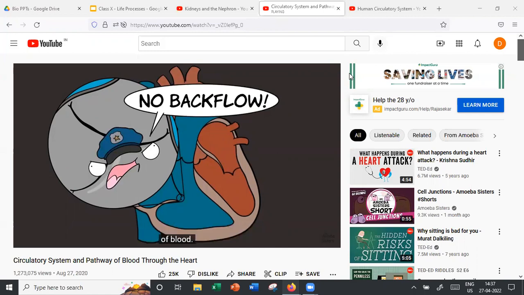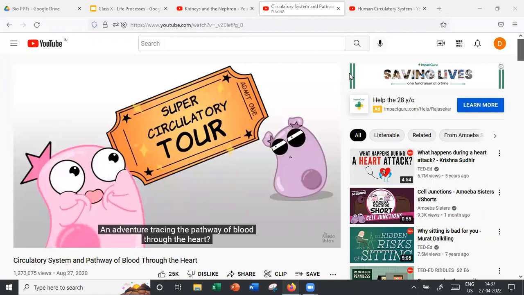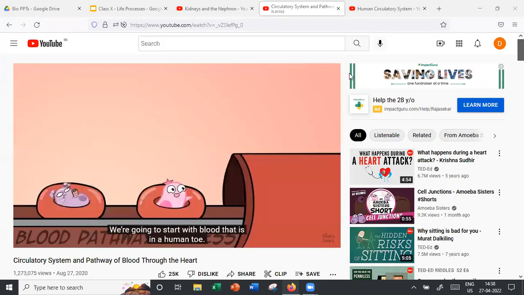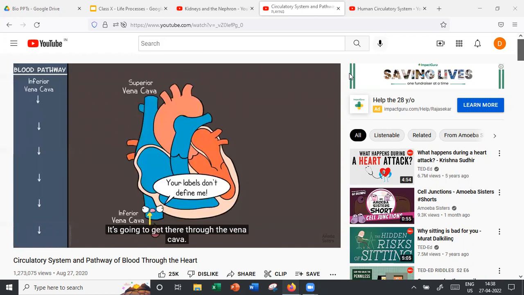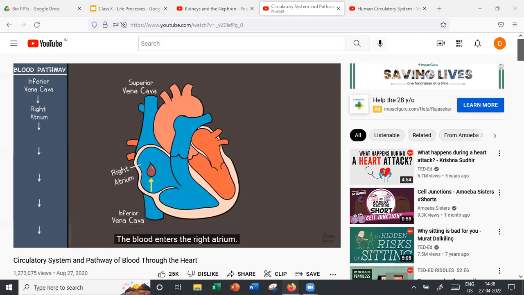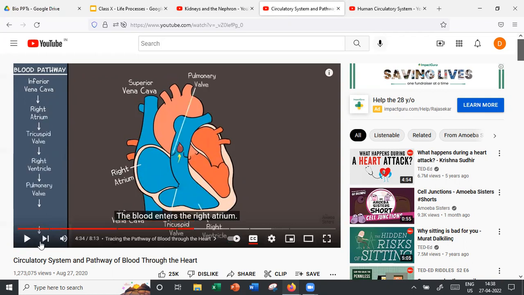Ready to take the adventure of a lifetime? An adventure tracing the pathway of blood through the heart? We're going to start with blood that is in a human toe. This blood is deoxygenated. It needs to get to the heart so that it can be pumped to the lungs to pick up oxygen and then be spread throughout the body. It's going to get there through the vena cava, inferior vena cava to be specific, as the superior vena cava is above the heart. The blood enters the right atrium. The right atrium contracts, pushing the blood through the tricuspid valve, blood through the pulmonary.